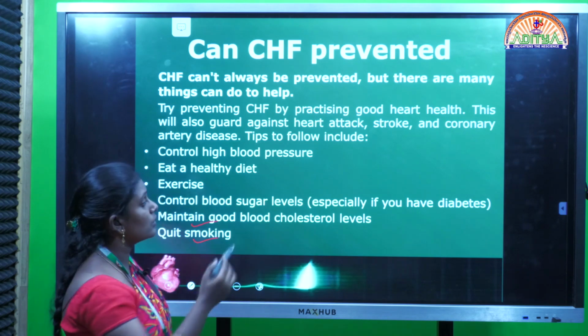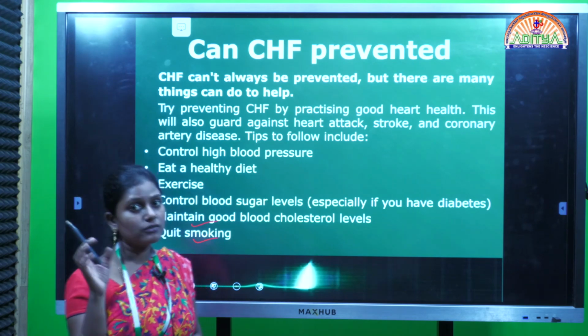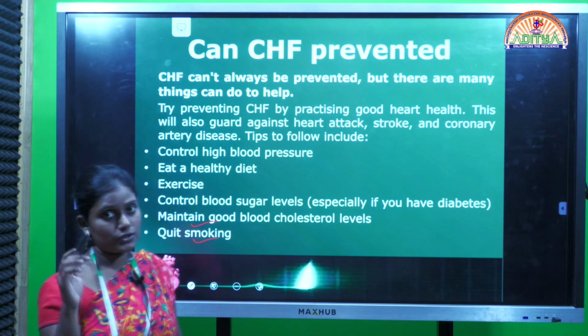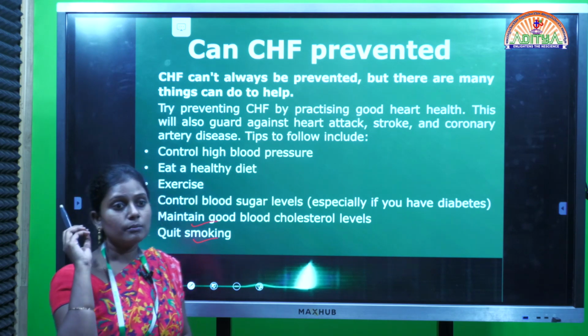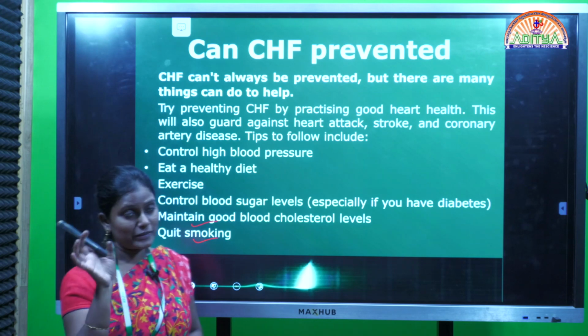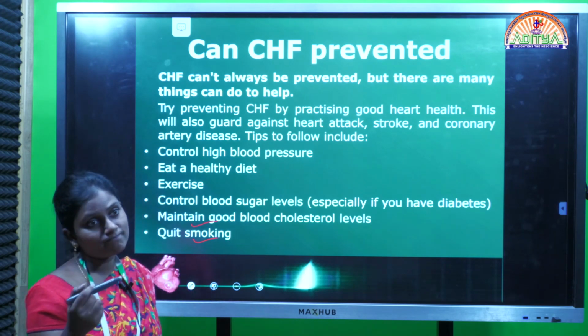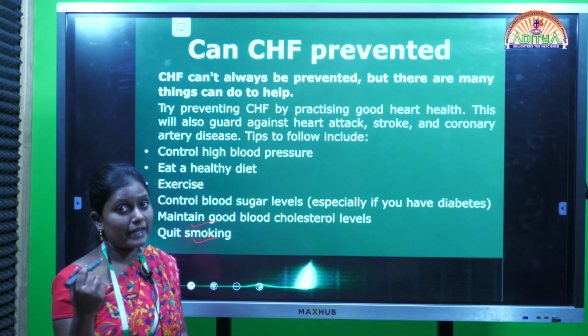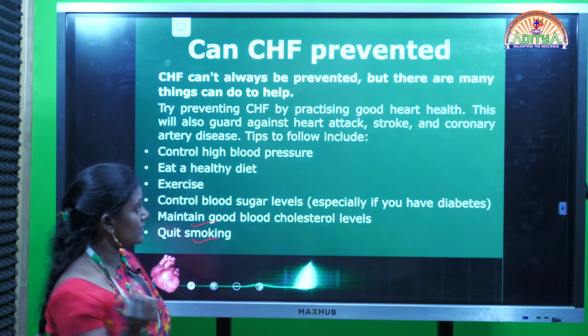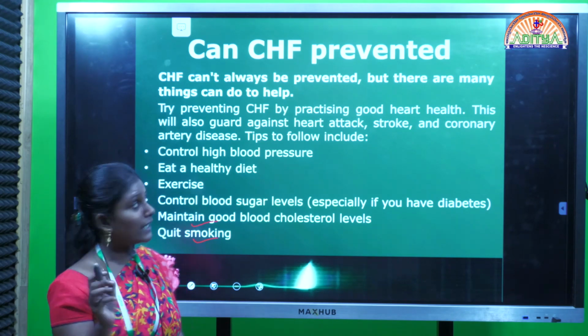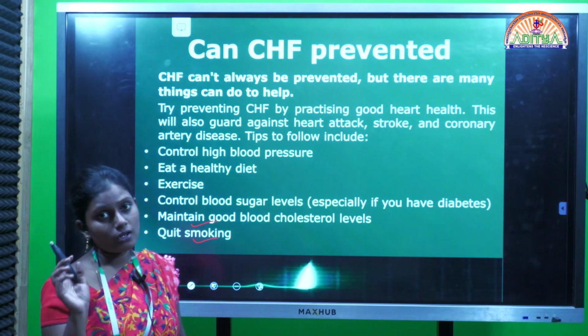If we control these bad habits, like decreasing cholesterol by avoiding bad food, junk food, and also quitting smoking, alcohol, drugs, some sort of drug addictions, then we can control CHF also.